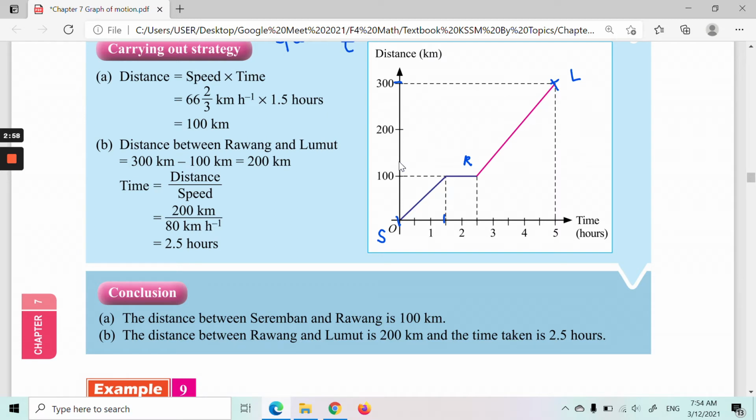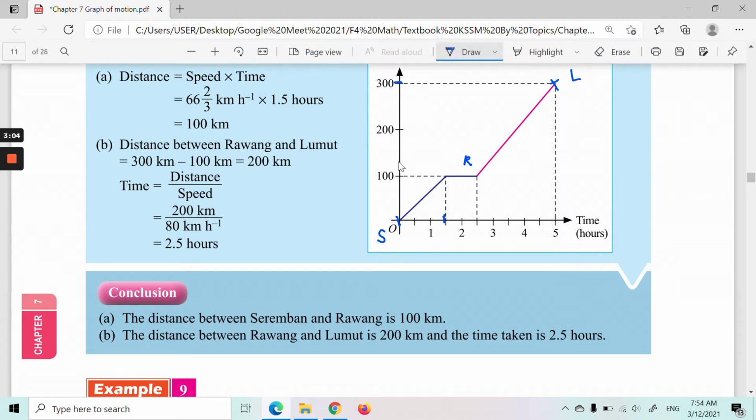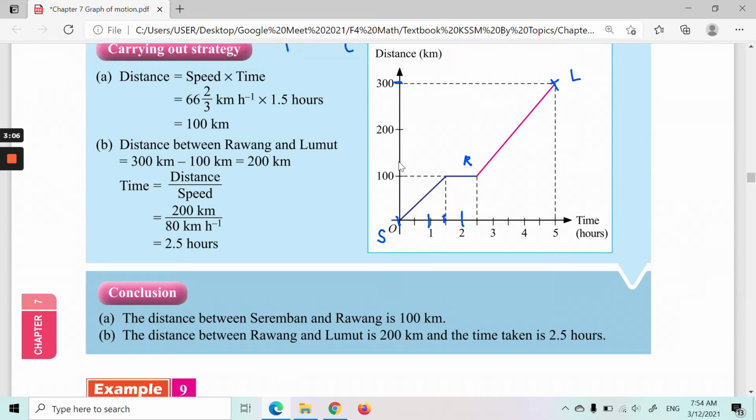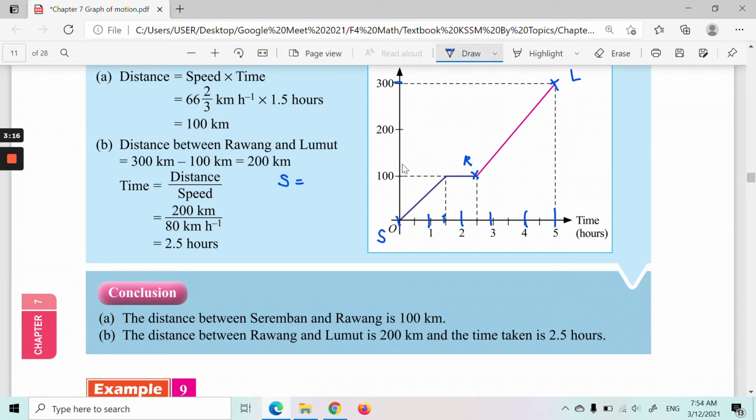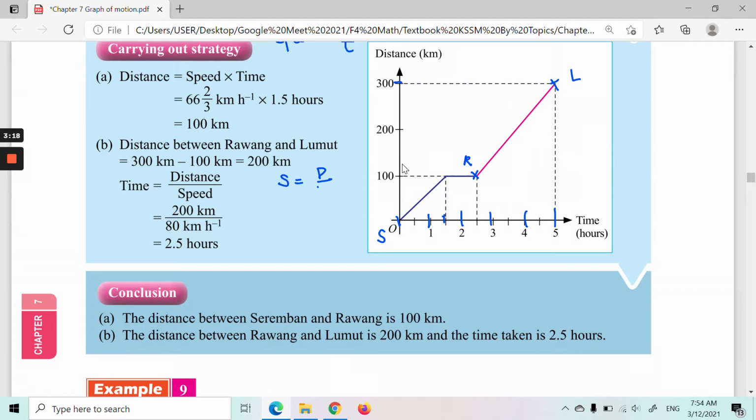After that, you need to check the time again, because you don't know how to continue. So you need to follow the scale first: 1, 2, 3, 4, 5. Just now we stopped at Rawang, right? So now we need to calculate how much time remains. Same as just now, using speed equals distance divided by time. So cross multiply.